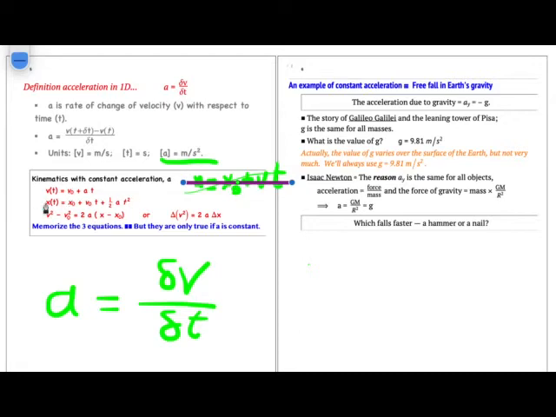So x0 is the initial coordinate, the coordinate at time 0. v0 is the initial velocity, the velocity at time 0. And the increase in position is a combination of v0t plus 1/2 at squared. In other words, due to the acceleration, there's an increase in coordinate that goes like t squared.